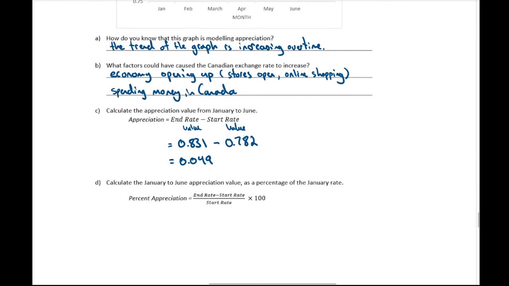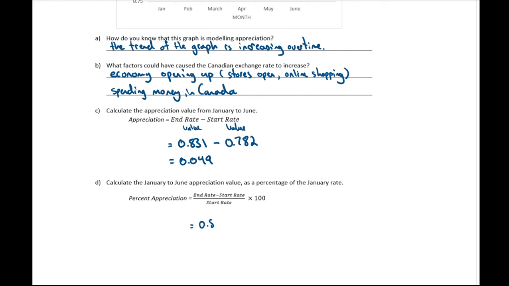To calculate the January to June appreciation value as a percentage of the January rate, so basically see what percent did we increase from January to June, we want to calculate a percentage. So kind of like finding a test score almost, or an average. We find the end rate minus the start rate, which we did already.